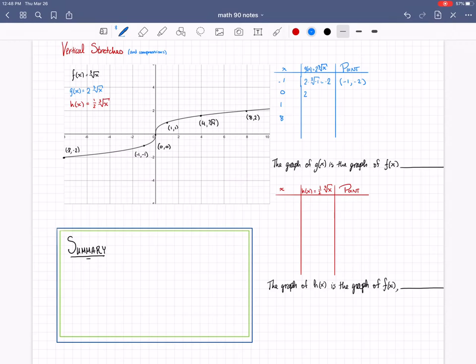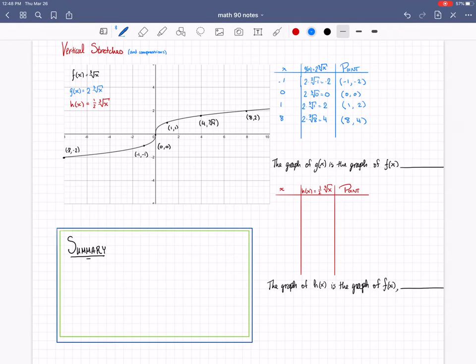For 0, you have 2 times the cube root of 0, which is just 2 times 0, which is 0. So the blue graph will pass through the origin as well. For 1, you have 2 times the cube root of 1, which is 2 times 1, which is 2. So that's the point 1, 2. And for 8, you have 2 times the cube root of 8, which is 2 times 2, which is 4. So there are our 4 points.